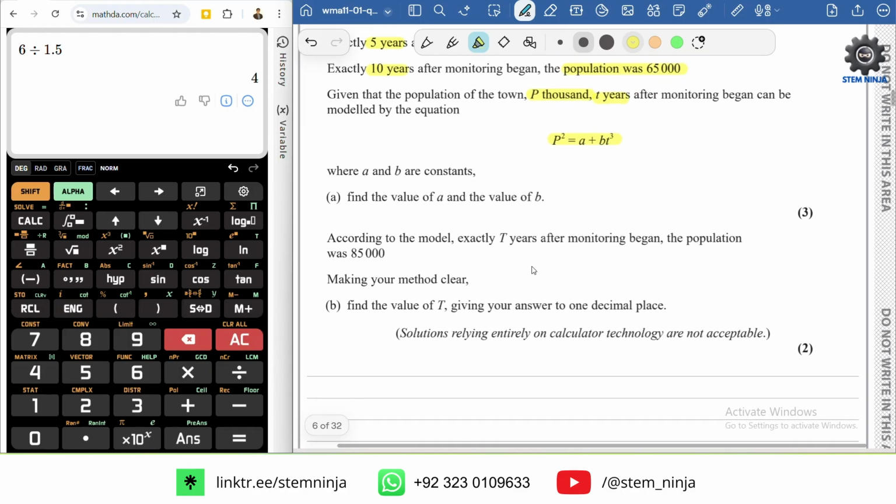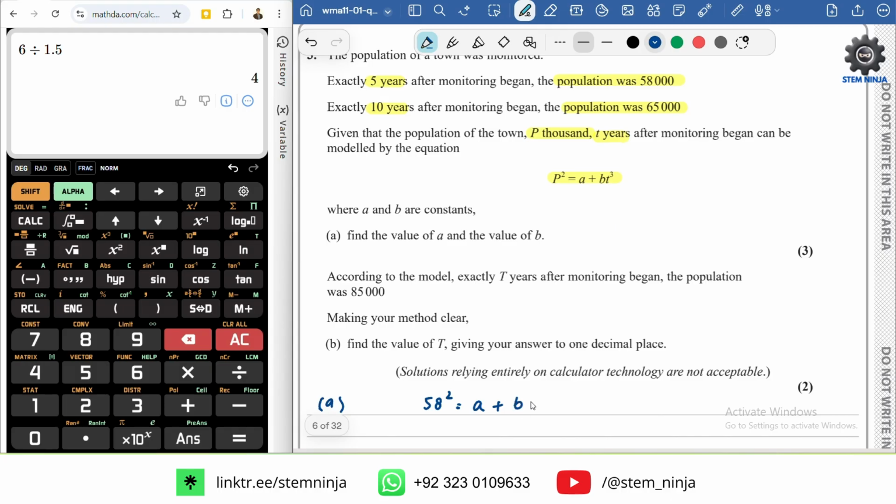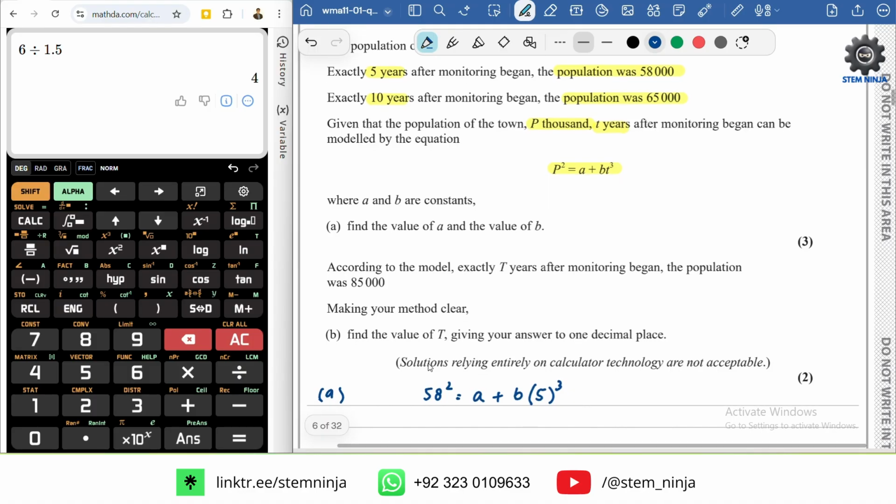So we have two unknowns and we need to use these two equations. T is in years but P is in thousands, right? So the first equation would be 58 squared equals A plus B times 5 cubed, and the second one is 65 squared equals A plus B times 10 cubed.